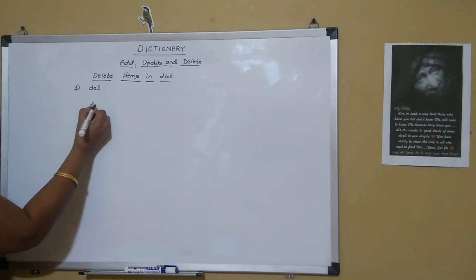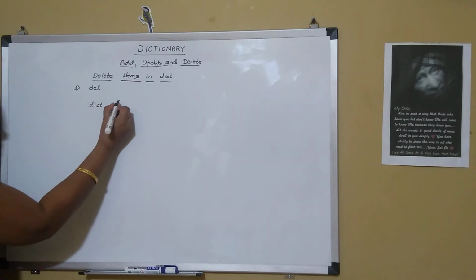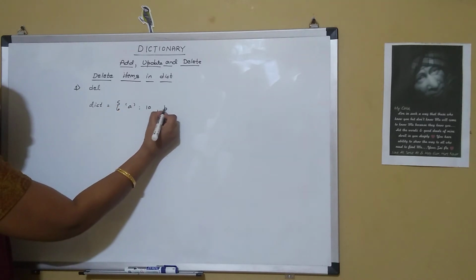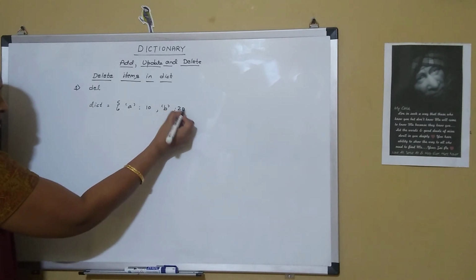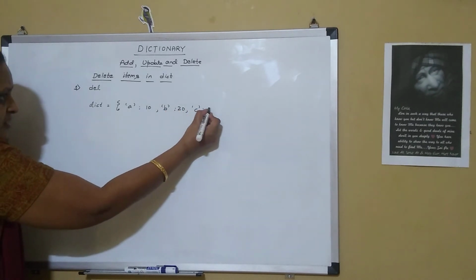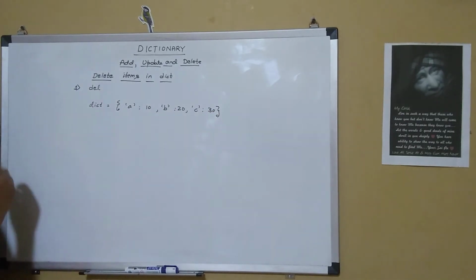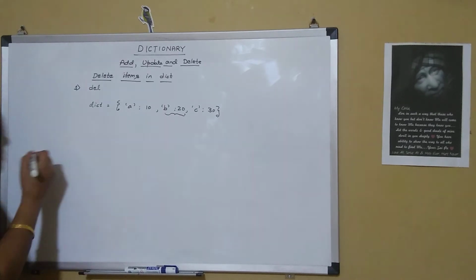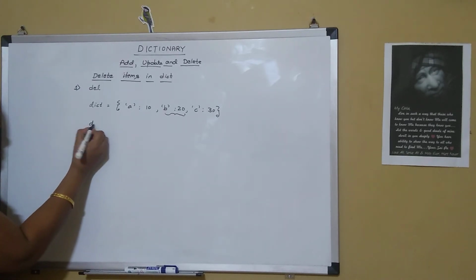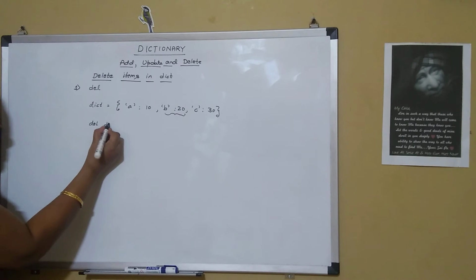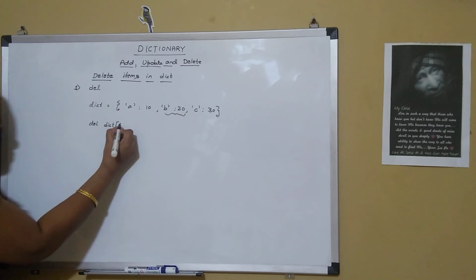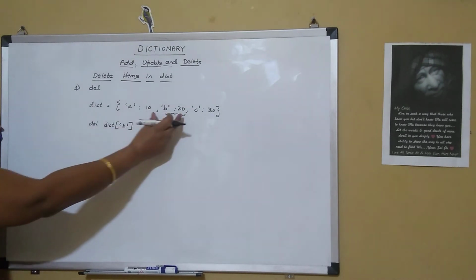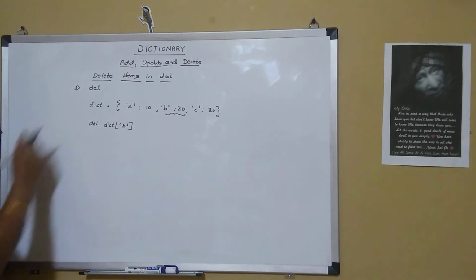Suppose I have my dictionary equal to A: 10, B: 20, C: 30. Now I want to delete my item B in the dictionary. I can just specify del dict of the key value, that is B. When I specify this, the B item will get deleted from the dictionary.